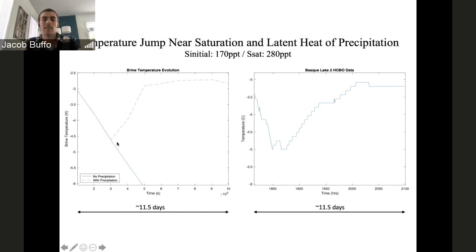But it basically can prolong the lifetime of these brines just because it is this source of latent heat, which you can see come in and kind of bounce back up in this red dashed line where the model is on the left side, and then our actual temperature profile of that brine kind of doing that rebound after it starts to precipitate is on the right.